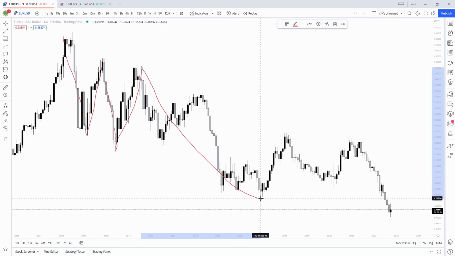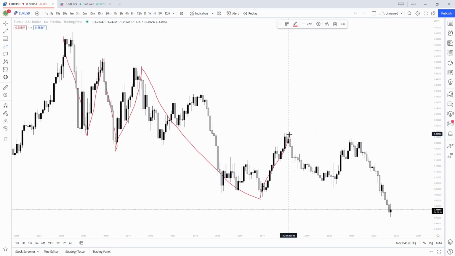Same again here, where we then have the correctional wave. We cannot take this as the impulsive wave because it does not come to break the previous swing low in the market. Therefore, that entire move itself is the singular impulsive wave.